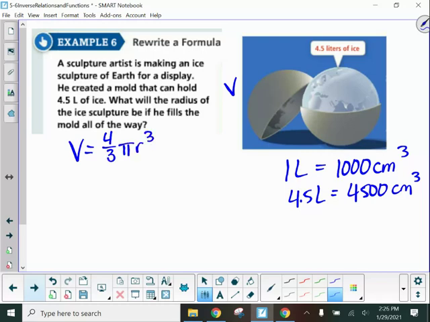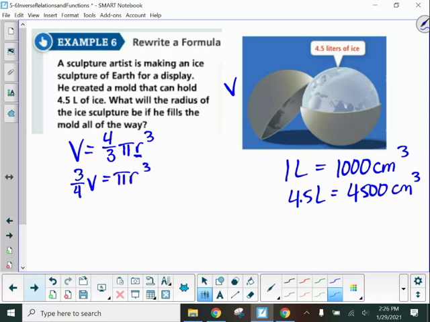If I want to find the radius here, it would make more sense to get the radius by itself. I'm not swapping these variables, but I am isolating the radius here. So first thing I need to do is move the 4/3 over. That's going to be a reciprocal. So I have 3/4 v is equal to pi r cubed. You have to divide by the pi.